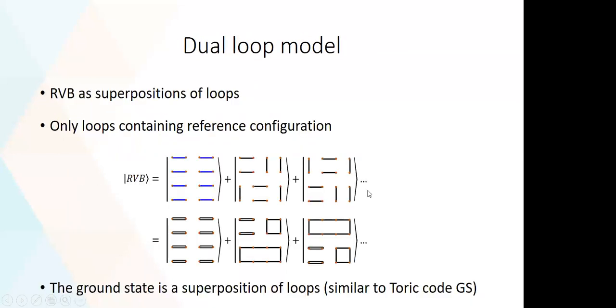Can you give an example of a loop which is not allowed? So let me think. On a square lattice, I think I can't do that on a square lattice.